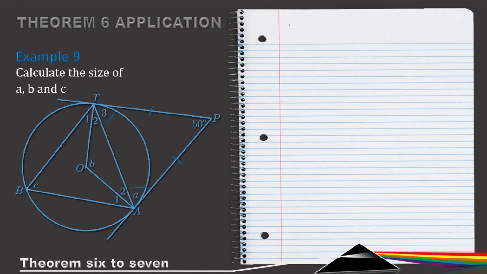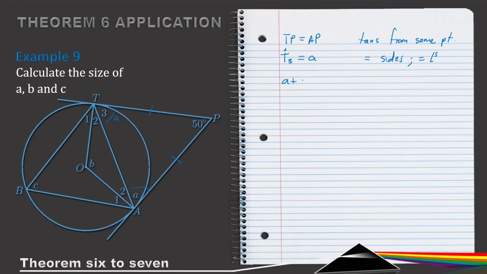So I can start off and say that TP is equal to AP. It is tangents from the same point. Okay, and then that makes T3 equal to a, and equal sides equal angles. And now I can use these three to solve for a using angles of a triangle.